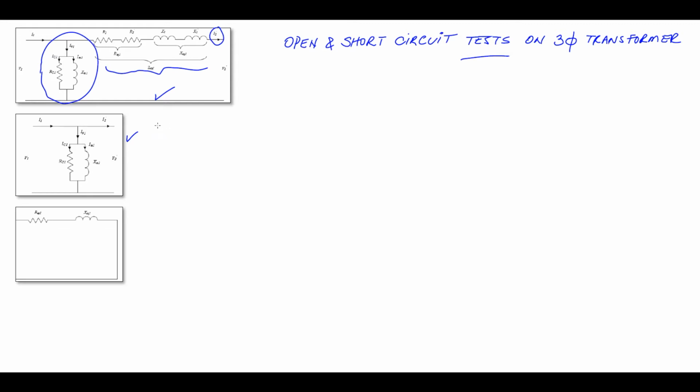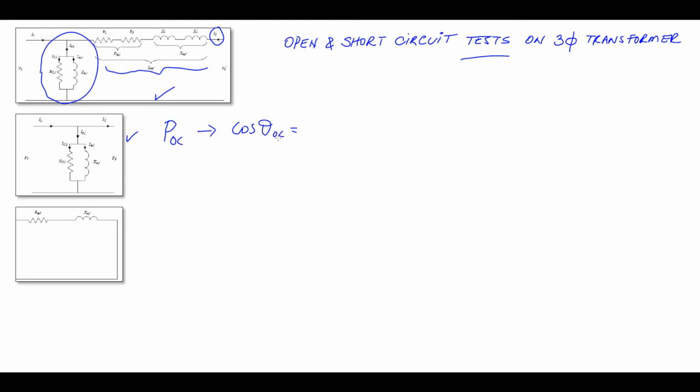By doing the open test, some parameters will be found, such as the power. The power at open circuit will be measured, and if we know the power, we can calculate the power factor, cosine theta at open circuit.